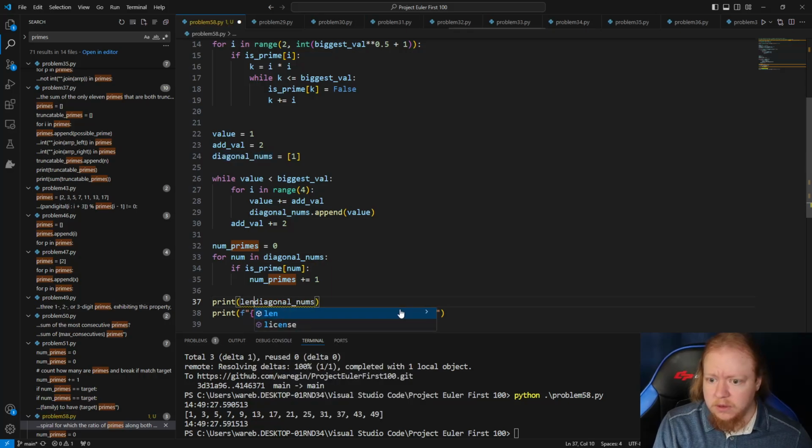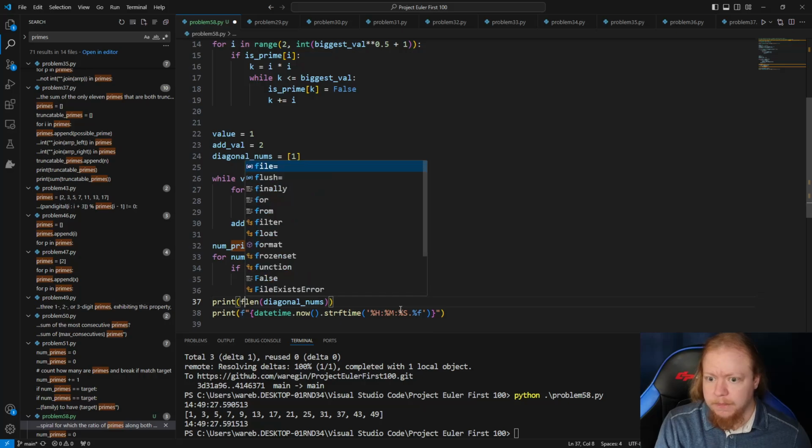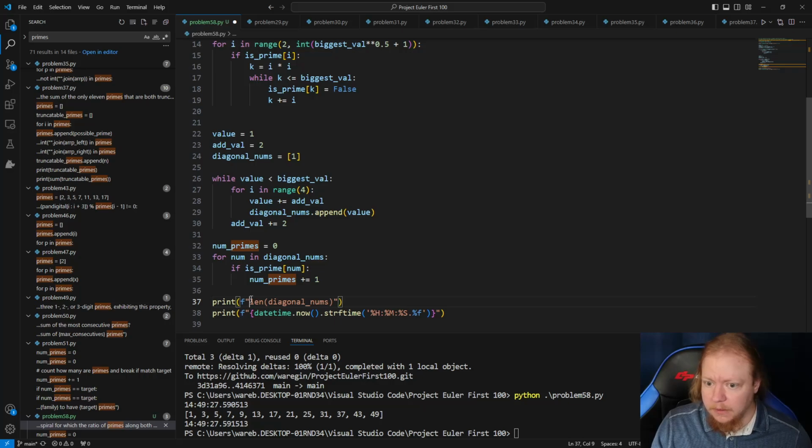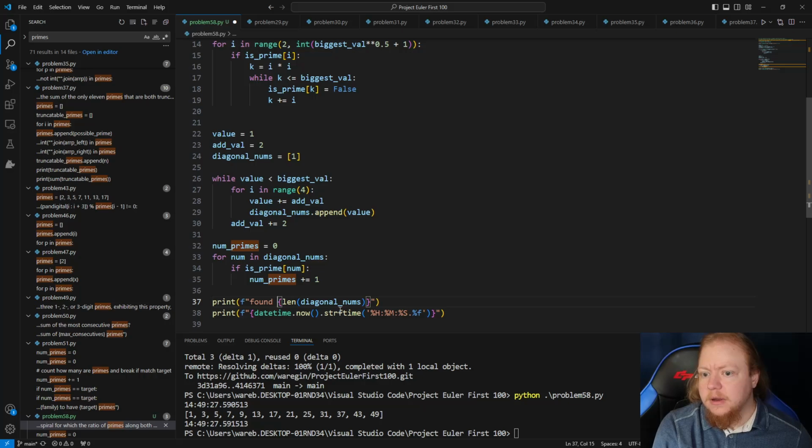And then what we can do is say found num primes diagonal numbers.